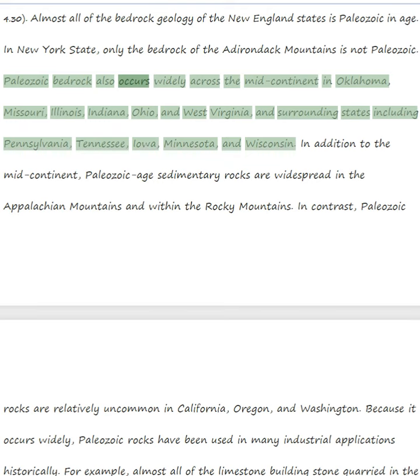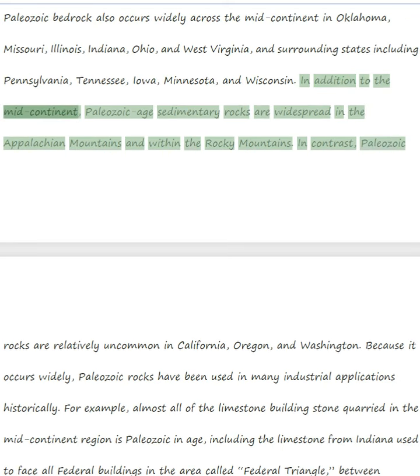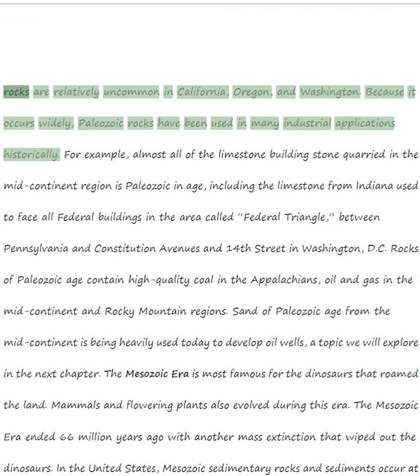Paleozoic bedrock also occurs widely across the mid-continent in Oklahoma, Missouri, Illinois, Indiana, Ohio, and West Virginia, and surrounding states including Pennsylvania, Tennessee, Iowa, Minnesota, and Wisconsin. In addition to the mid-continent, Paleozoic age sedimentary rocks are widespread in the Appalachian Mountains and within the Rocky Mountains. In contrast, Paleozoic rocks are relatively uncommon in California, Oregon, and Washington.